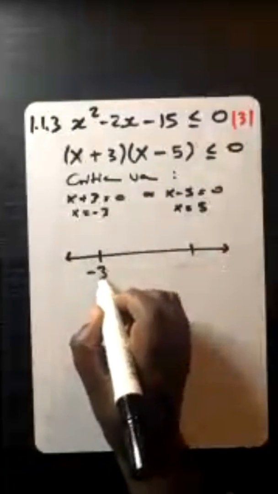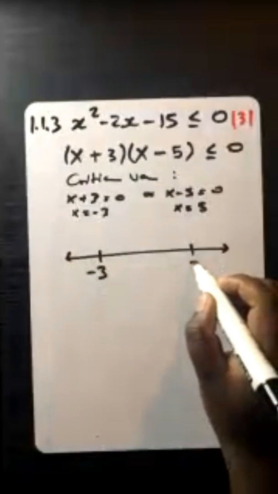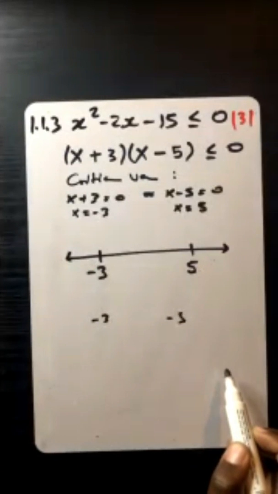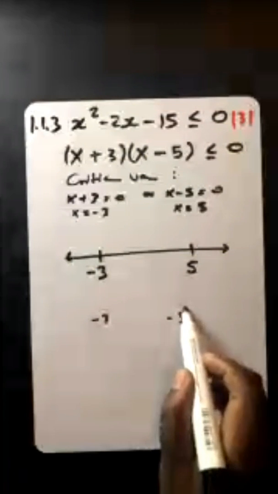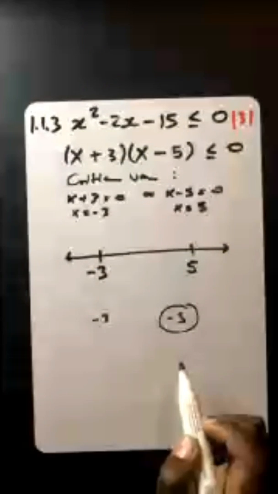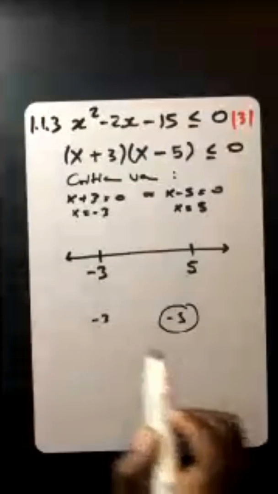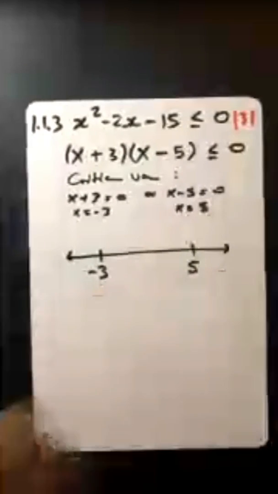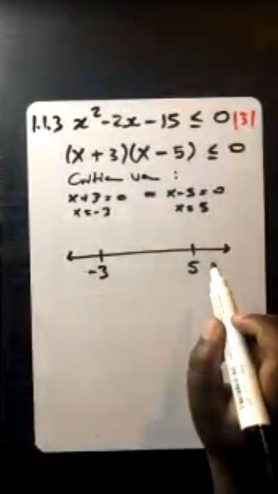Obviously, negative 3, followed by positive 5. So if we had negative 3 and negative 5, you firstly start with negative 5 because it's a smaller number, followed by negative 3. I hope you fully understand that part, ladies and gentlemen.